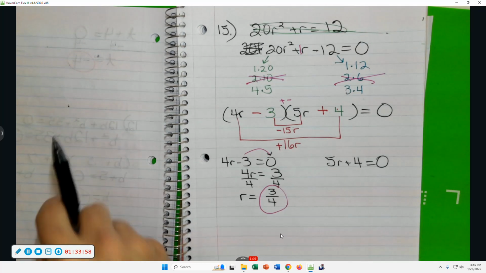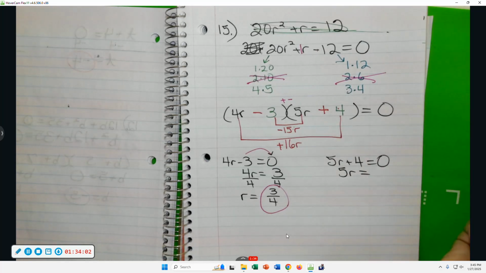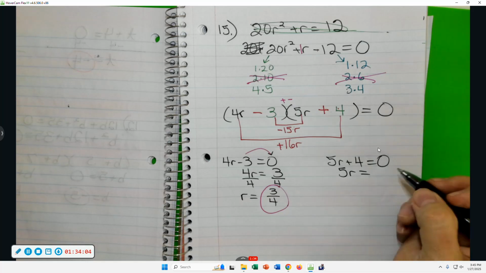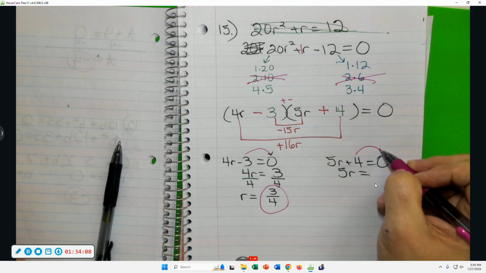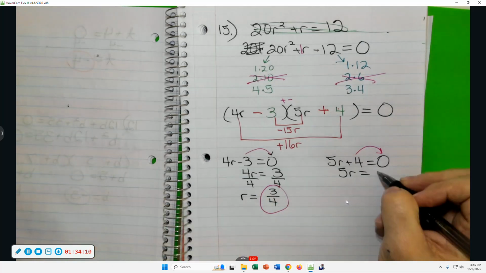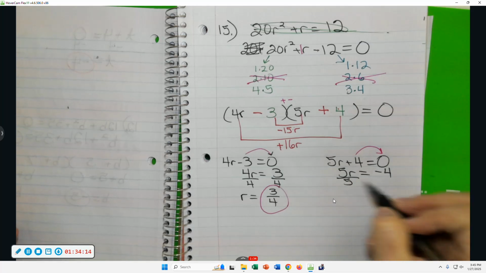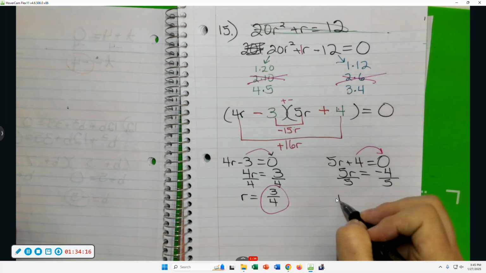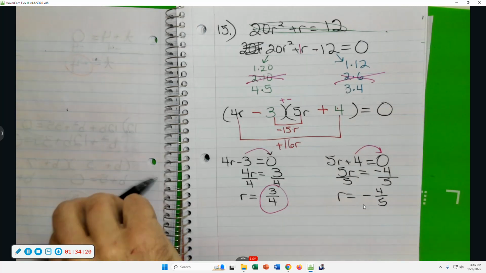That's going to give me 5R equals negative 4, and then divide by 5 to give us R equals negative 4/5.